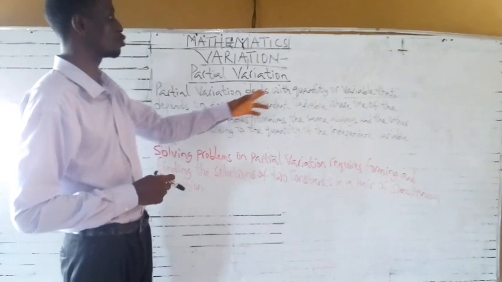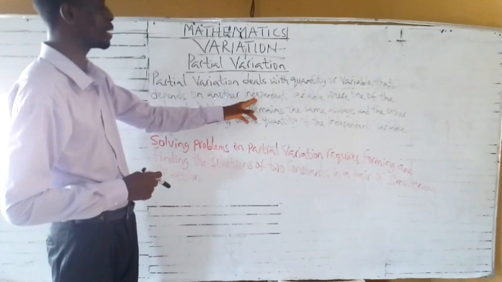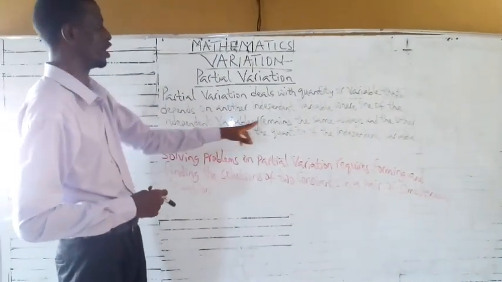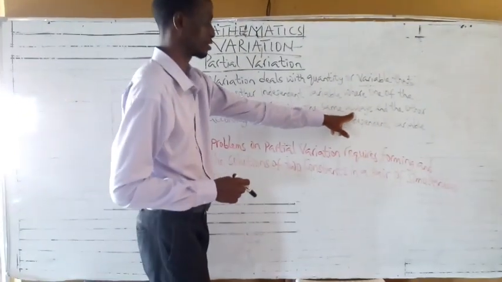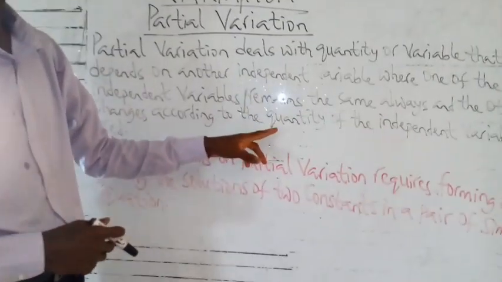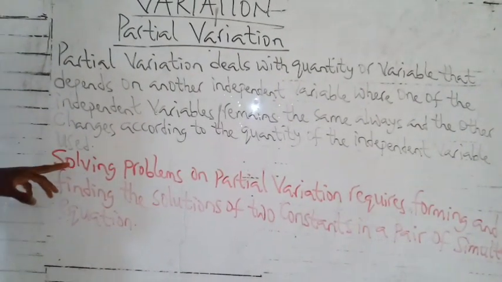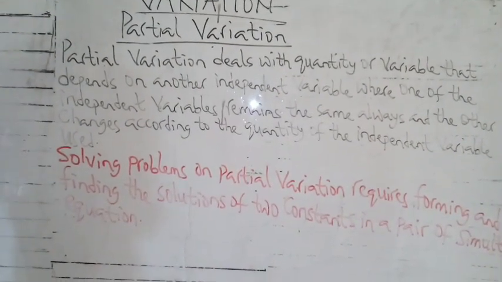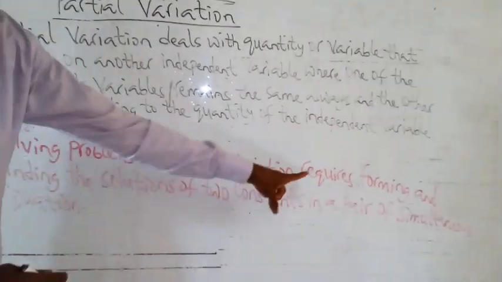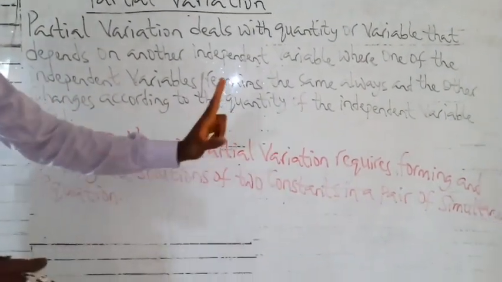Partial variation deals with a quantity of a variable that depends on other independent variables, where one of the independent variables remains the same always and the other changes according to the quantity of the independent variable used. I want you viewers at home to take notes. Solving problems on partial variation requires forming and finding the solutions of 2 constants.